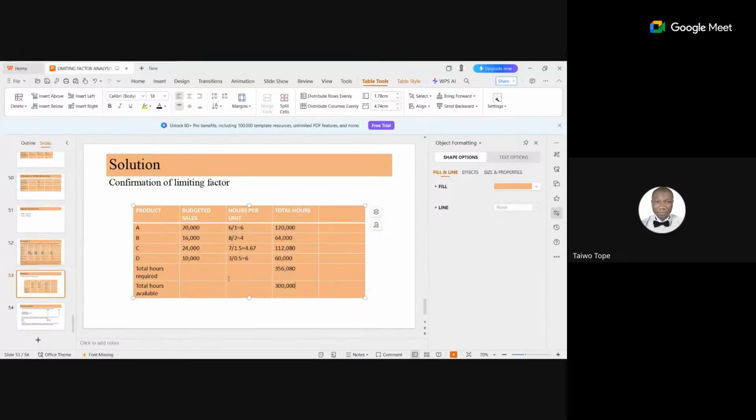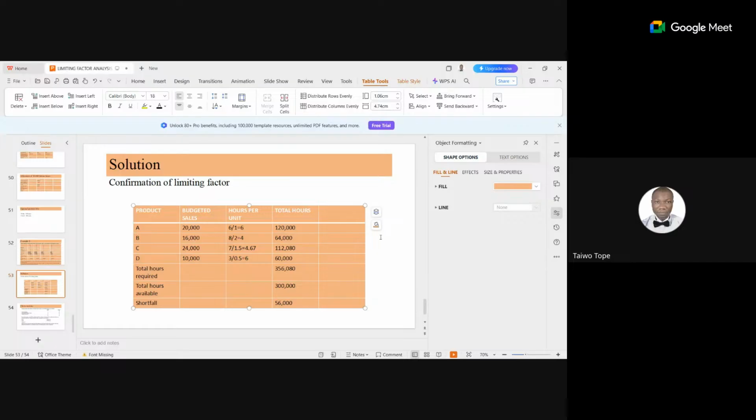So the shortfall will be 56,080. So it shows that labor is a limiting factor that will limit our ability to meet up with our production.